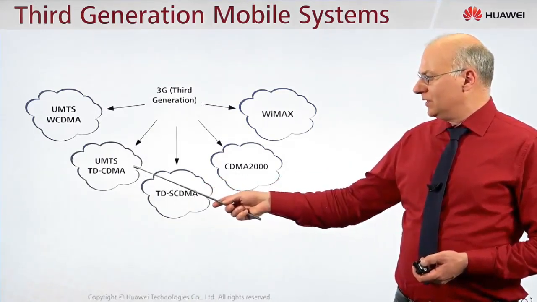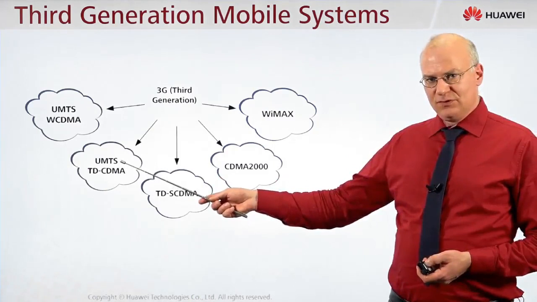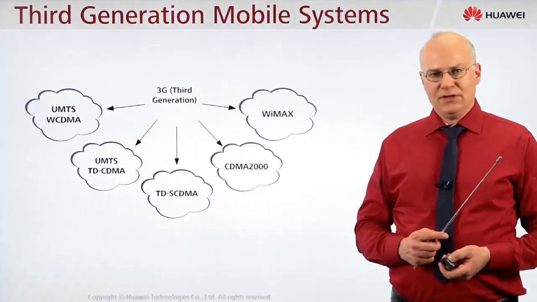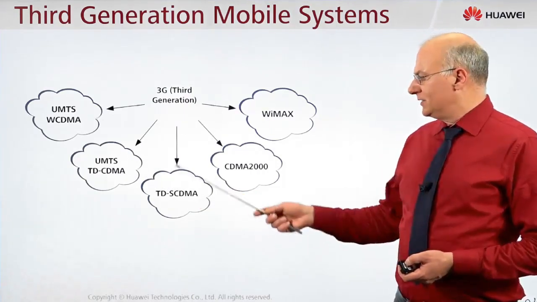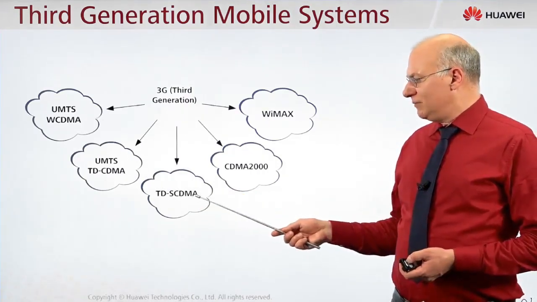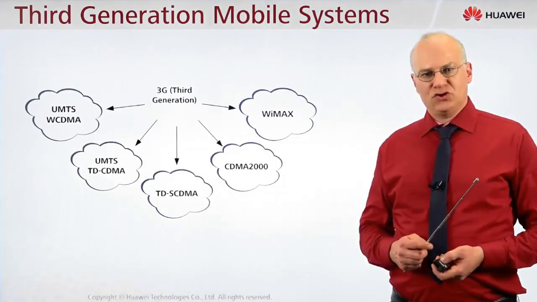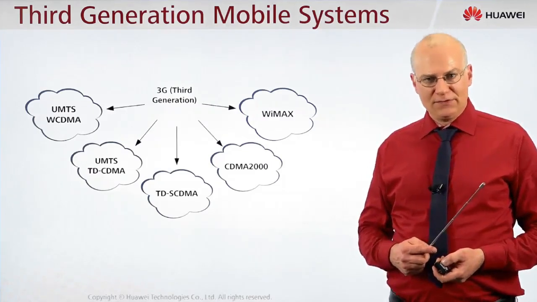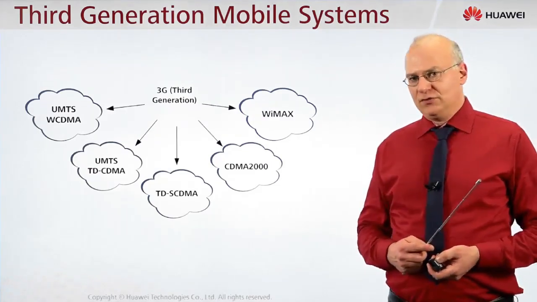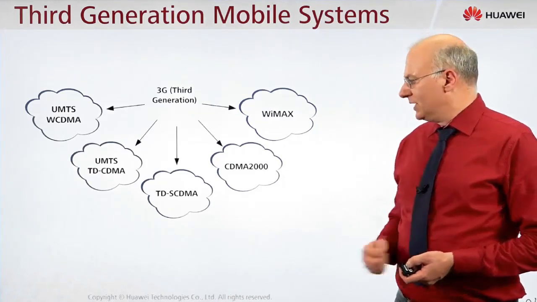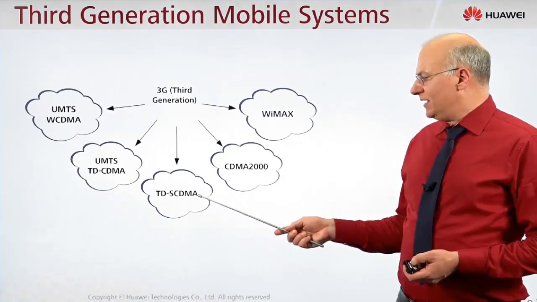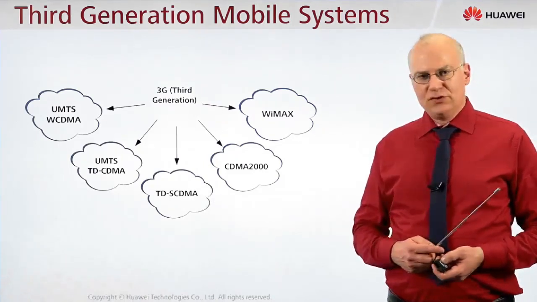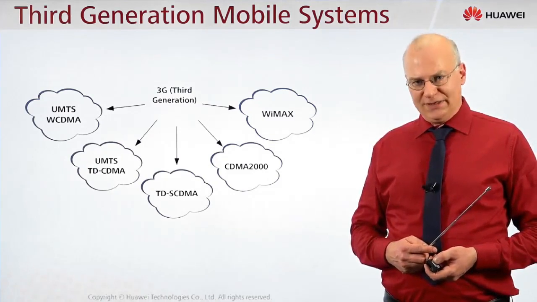TD-CDMA is the system developed by the 3GPP standardization organization, and TD-SCDMA was developed in China together with important players like Siemens for the Chinese market. And TD-SCDMA stands for Time Division Synchronous Code Division Multiple Access.